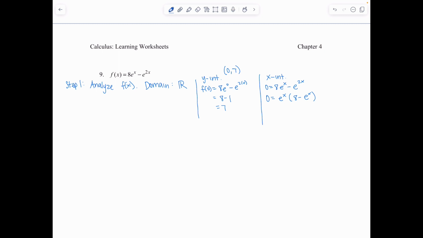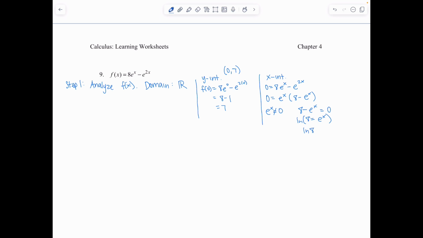And so e to the x equals 0, we cannot. 8 minus e to the x equals 0. 8 equals e to the x. We take the natural log of both sides.